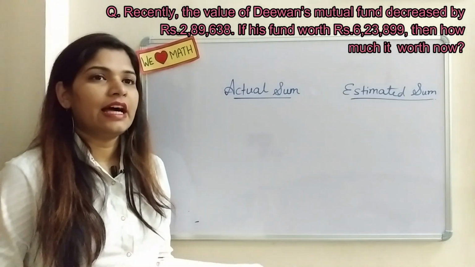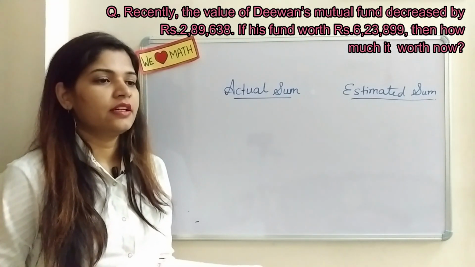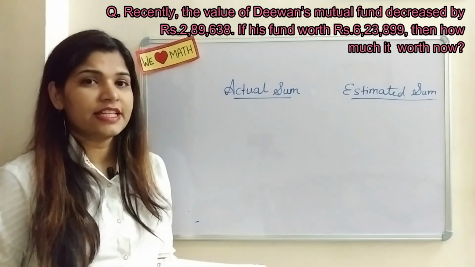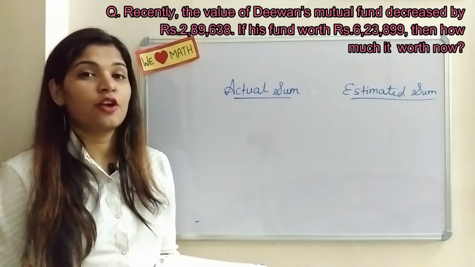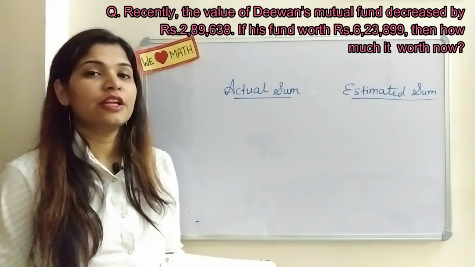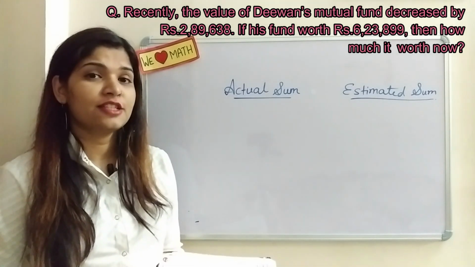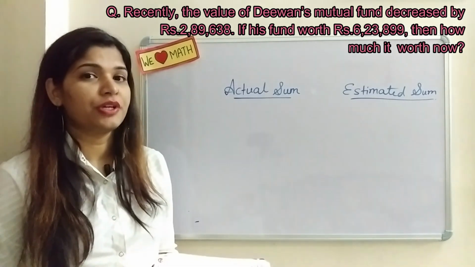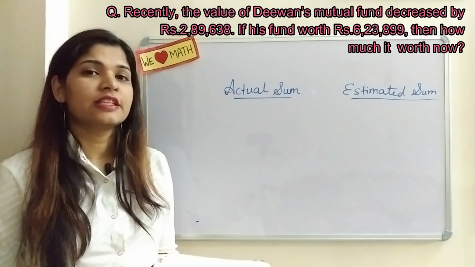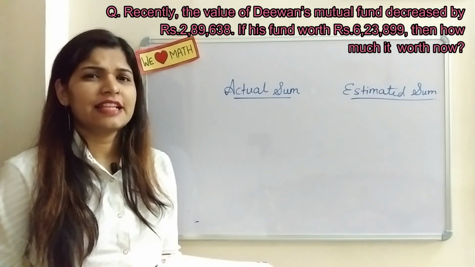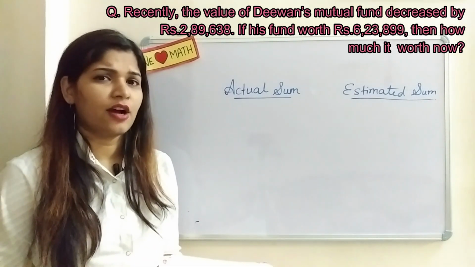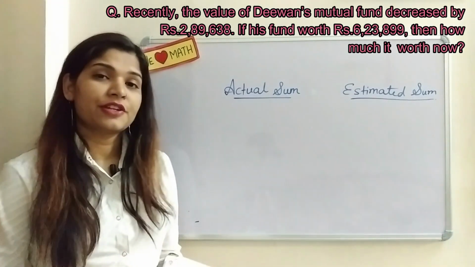So it is like the value of something has decreased. Suppose your father has purchased a car of rupees 10 lakh and the value of the car has decreased by 4 lakh in 2 years. So what is the value left? Yes, it will be left as 6 lakh. The car is worth rupees 6 lakh now. So that is the same operation we need to do here.